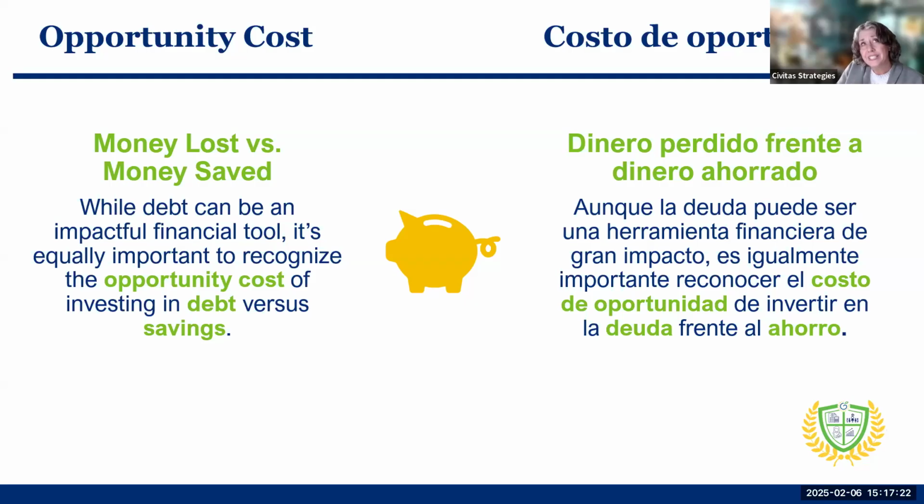But if you were to take that same amount of money and invest it in savings for yourself, you're going to have the returns over time. Right? So what is that opportunity cost? Is it worth it to get into that debt when instead we could be using that money to build an emergency fund, or basically anything that we could pay for in full and not have to address the debt?